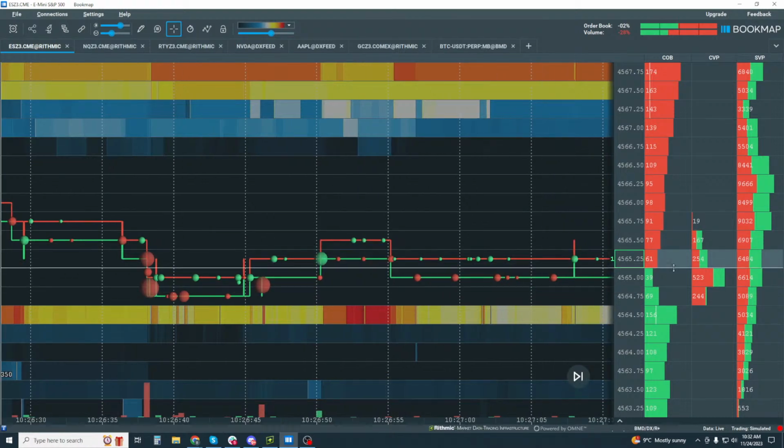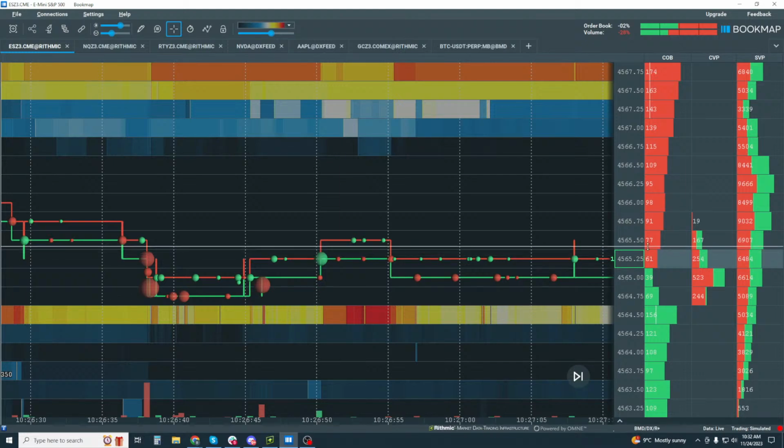Okay, here at the best offer, there's 61 contracts. All right. Last transaction, there was just one transaction here. You can see it here. The little green one means the last transaction. And there's 61 contracts of liquidity.